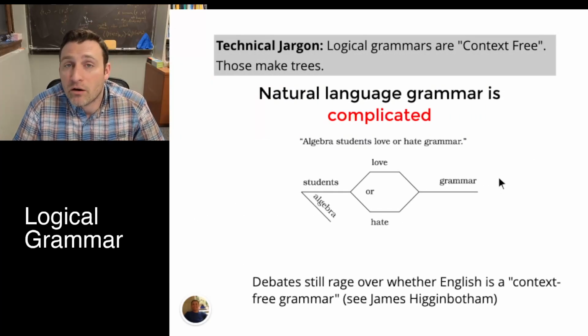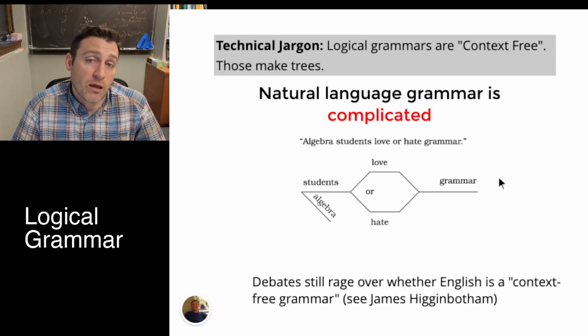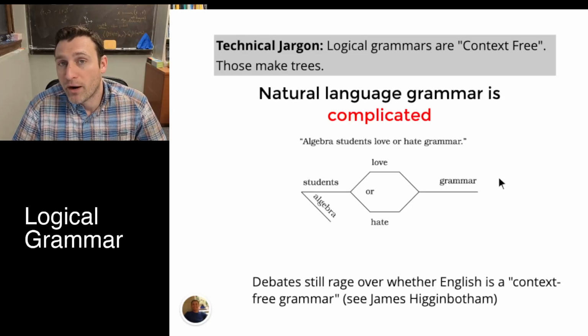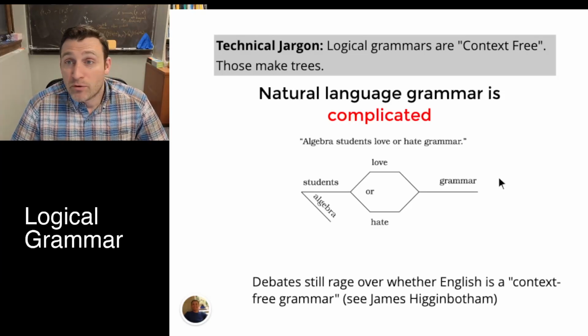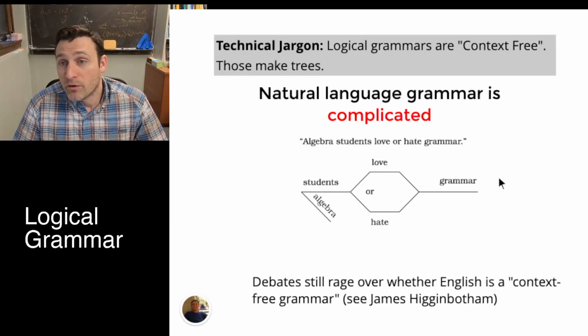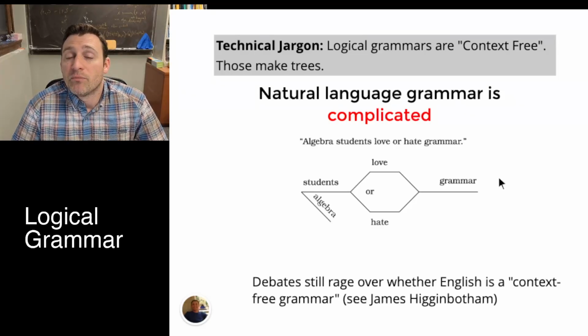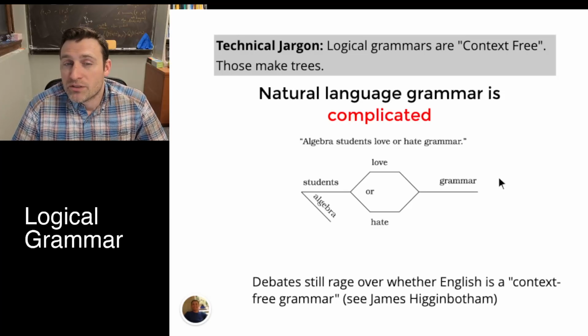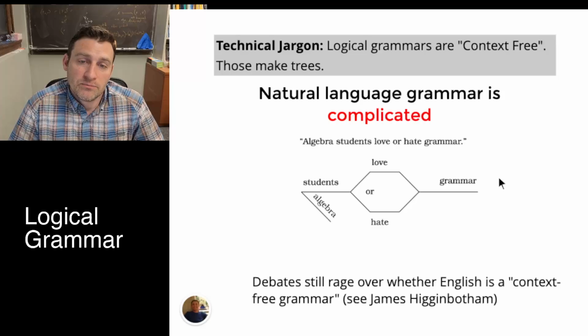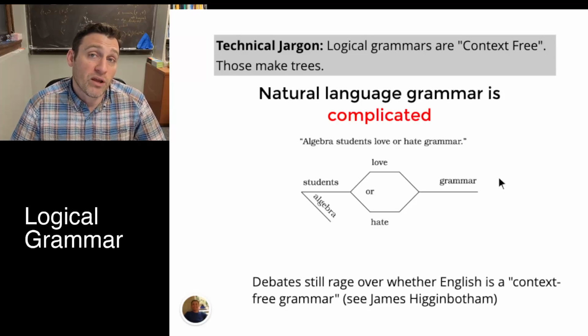As we come to the end here, there's a technical word that I should tell you, in case you hear other people talking about this. Everything we've done is a very specific kind of grammar. It's known as a context-free grammar. That's part of something called the Chomsky hierarchy that studies languages in general, and it's used by linguists all the way down to computer scientists and mathematicians in between. The key thing I want you to know is that this does not capture grammar in the way that natural languages are built. Take the sentence, "Algebra students love or hate grammar."